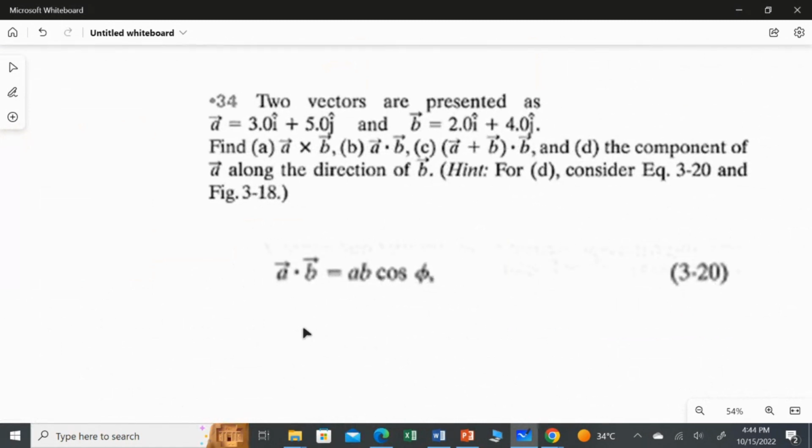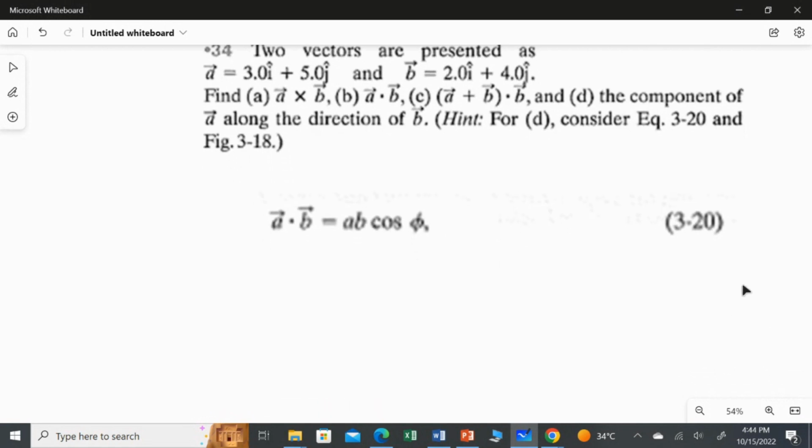Fourth question. Two vectors are presented as A vector 3i cap plus 5j cap and B vector 2i cap plus 4j cap, and you have again four subdivisions. First one is A cross B, second one is A dot B, third one is A plus B dot B vector, and the fourth one is find the component of A along the direction of B. So let's go one by one.